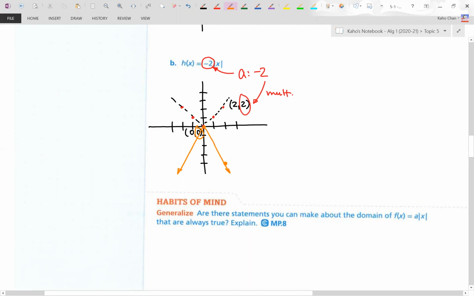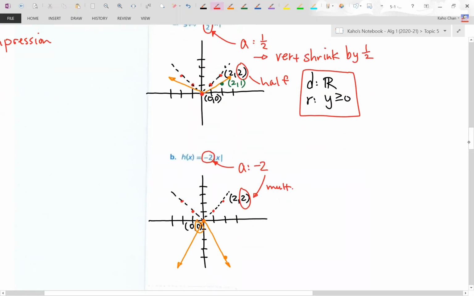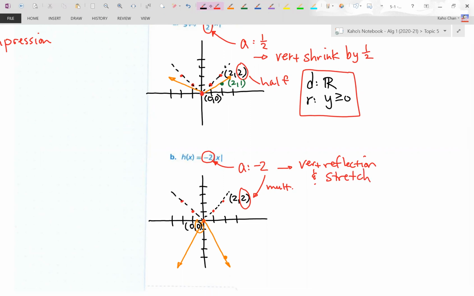Okay? So, in summary, that A value is a vertical reflection and stretch. The domain seems to be the same because you can pick any x value, it'll come out and give you an answer. But my range is now going in the opposite direction.